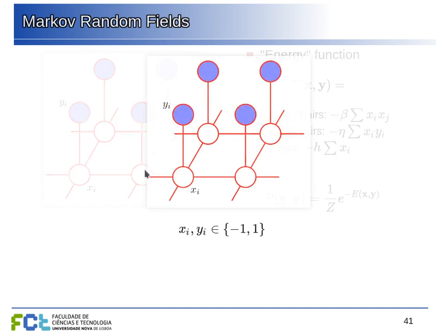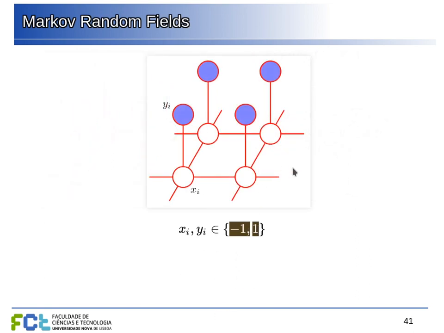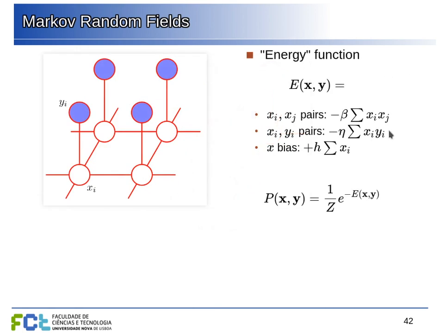The values here can be -1 or 1, depending on whether it's background or foreground, the color of the pixels. So if the values are different, this will be a negative value, and we are subtracting that from the energy function, so that we increase the energy if the values are different, because we have this minus sign here. If the values are the same, then the energy lowers in this function.